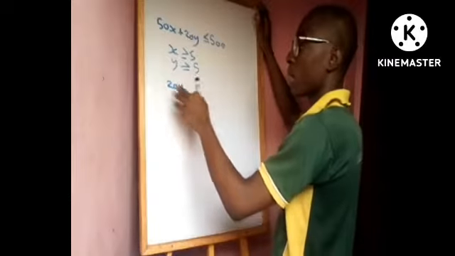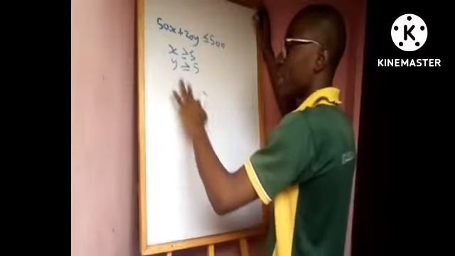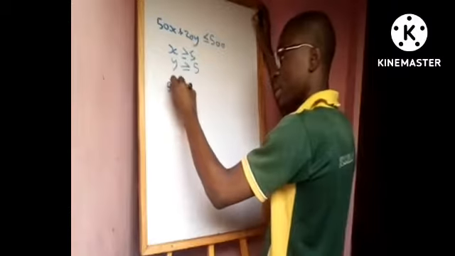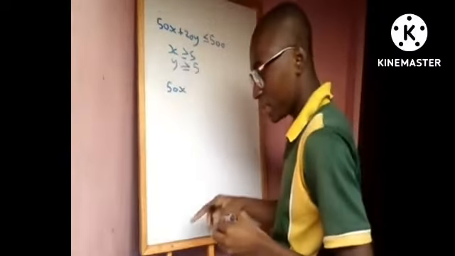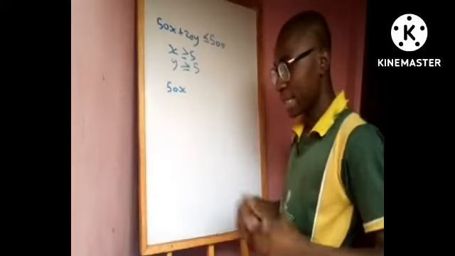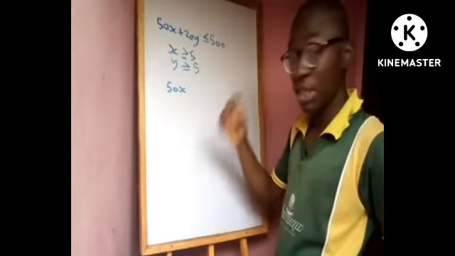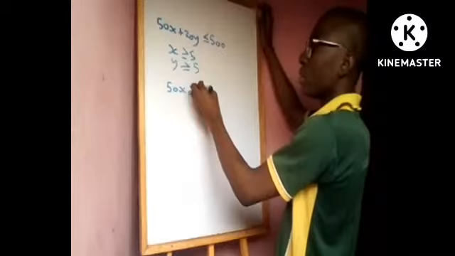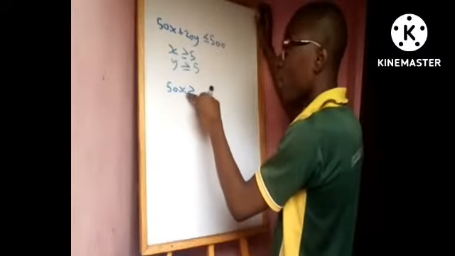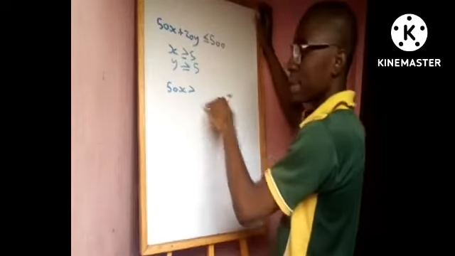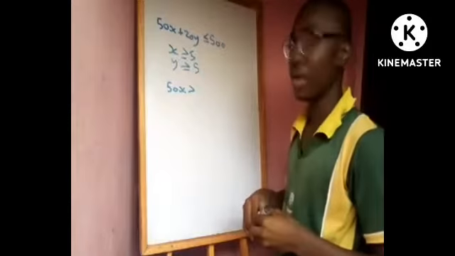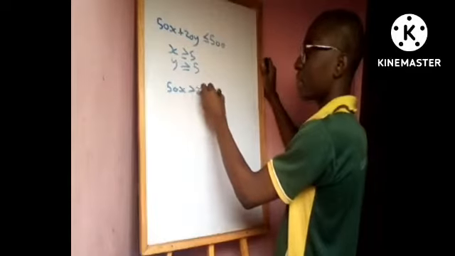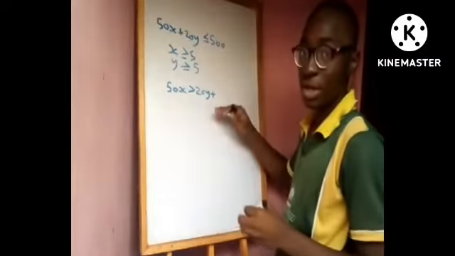Let's start with the money spent on pencils, which will be 15x. We are told that it is over 100 more than the money spent on erasers, and over, not equals. If they said over, that means it's strictly greater. So 15x will be greater than the money spent on erasers, 20y, plus 100 naira.